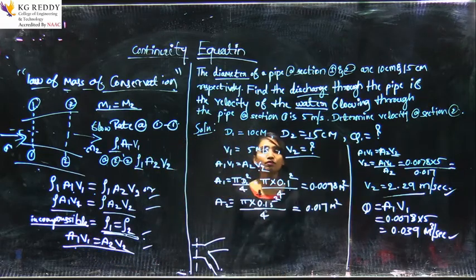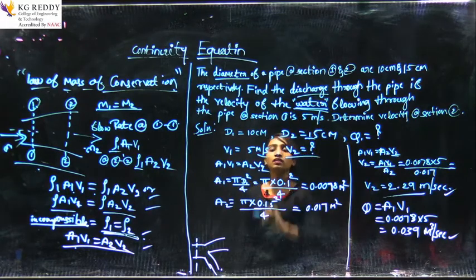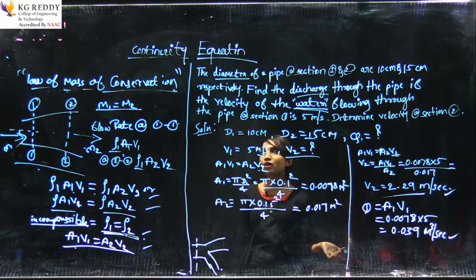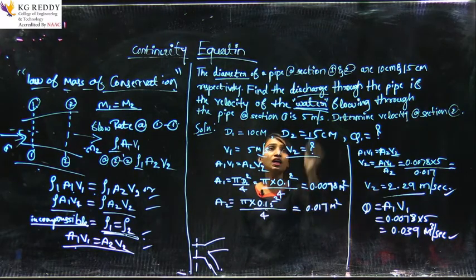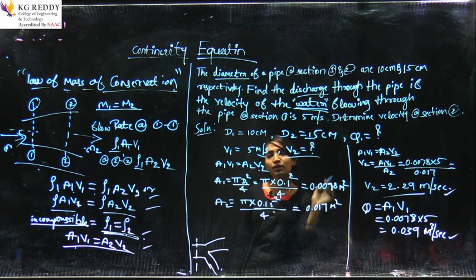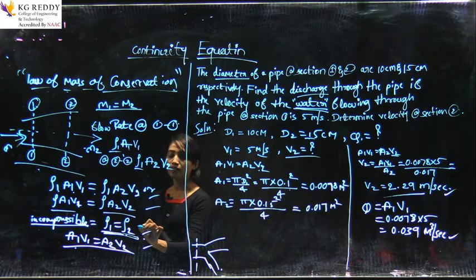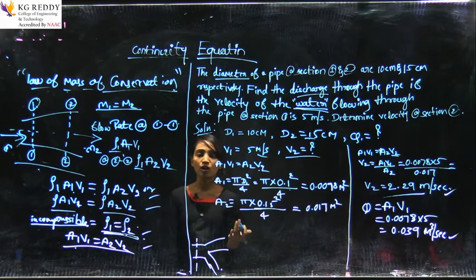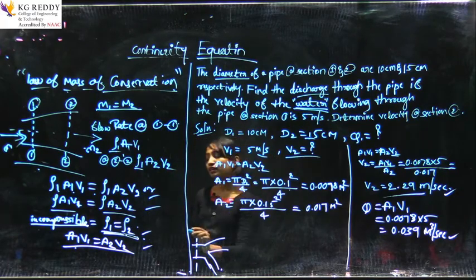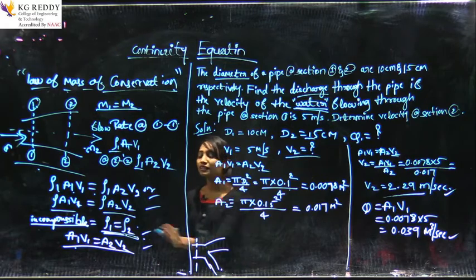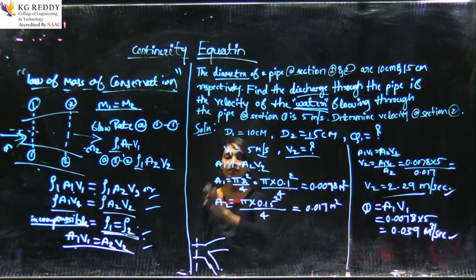In some of the problems, they may give oil, and the oil density will be different. Whether it is oil or water, whatever they give, you have to check whether it is a compressible fluid or an incompressible fluid. They may give compressible also. At that time you have to take rho 1 and rho 2 separately, because the density changes when it enters.